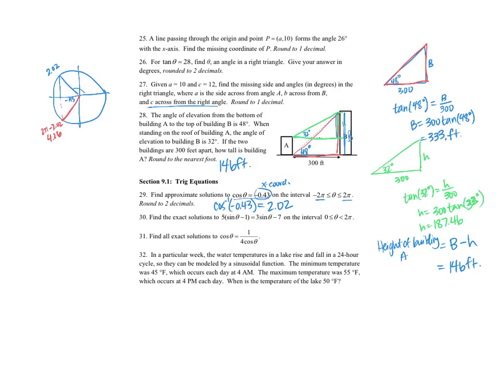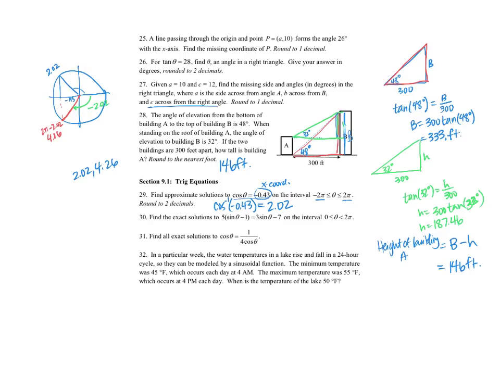I want to do everything between negative 2 pi and 2 pi. So I have two positive angles: 2.02 and 4.26. And then if I go backwards, what is this angle? That's negative 2.02.